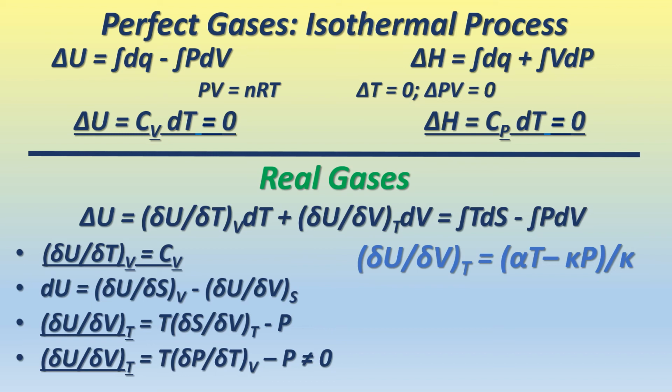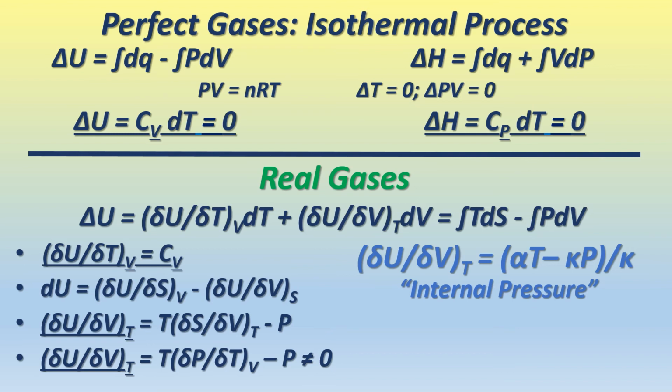I wind up with this term, the partial of U with respect to V at a constant T, T times dP/dT minus P. It winds up being alpha T minus kappa P over kappa, which for a real gas is called the internal pressure of the gas.